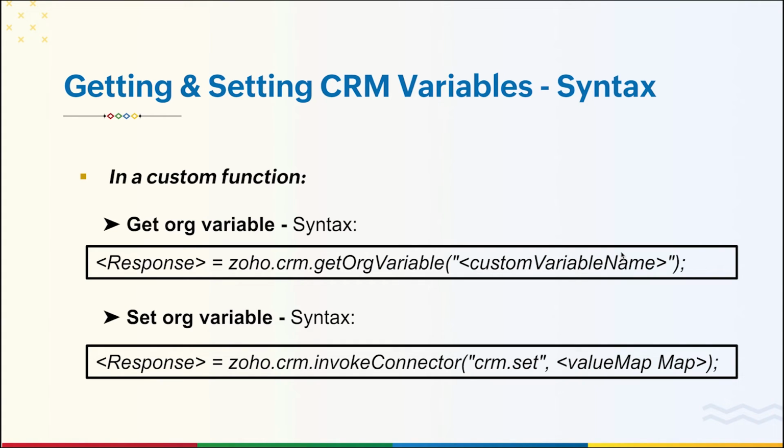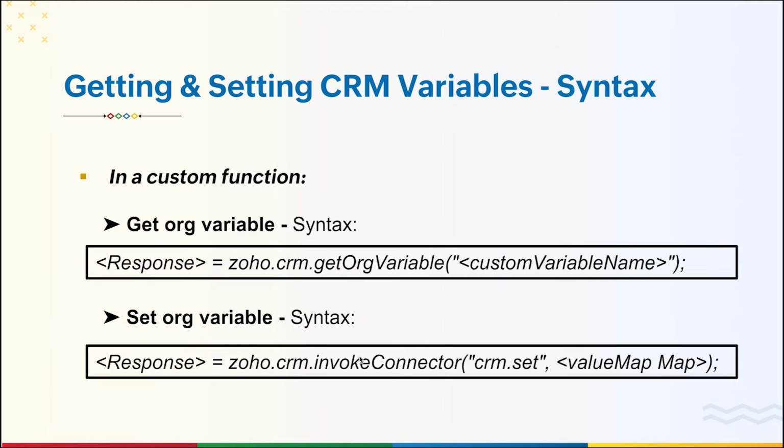Here, in the custom variable name space, you will have to provide the API name of the CRM variable that was created. We saw that a unique API name gets automatically populated when a CRM variable is created. That API name will have to be provided over here to get the value for a CRM variable.